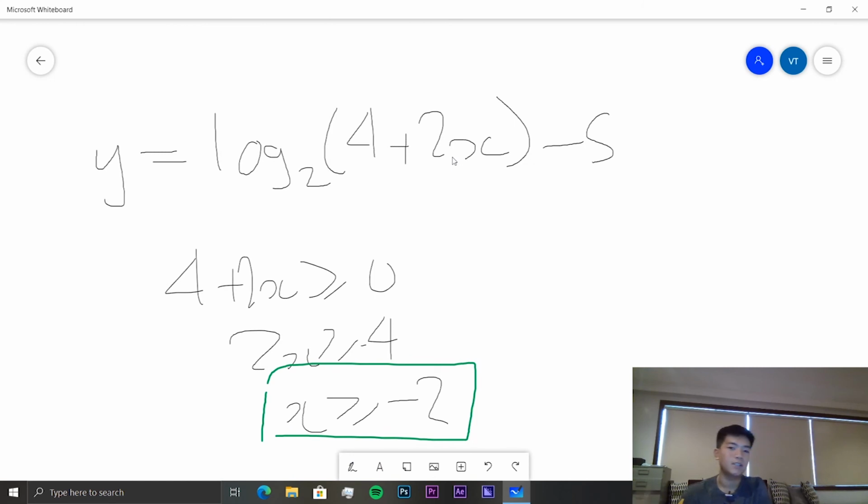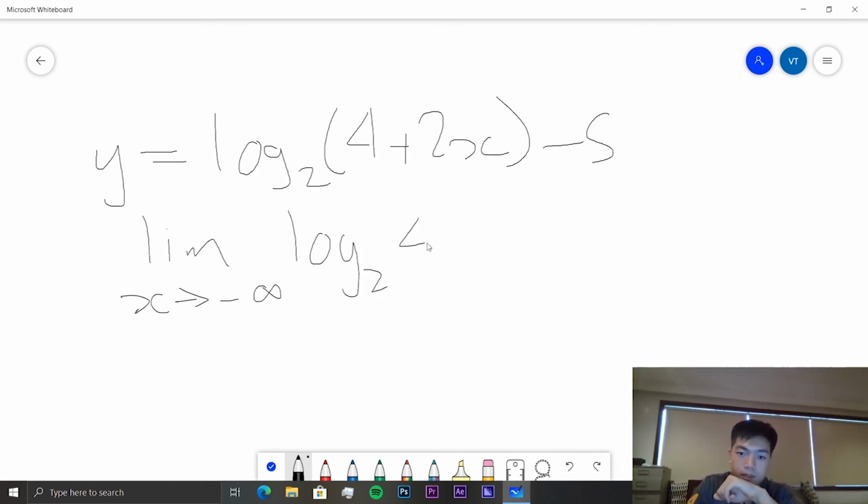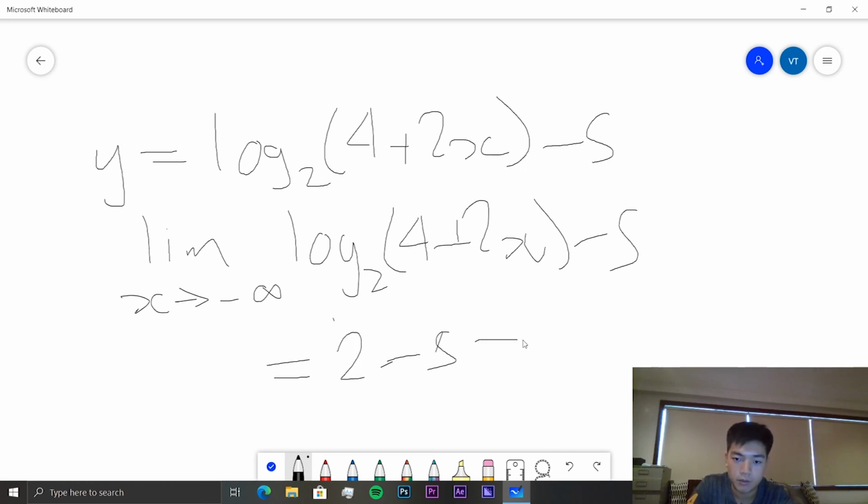Since as x tends to negative infinity, log_2(4 + 2x) - 5 will tend to log_2 4, which is 2, minus 5, which is equal to -3. So this will tend to -3.